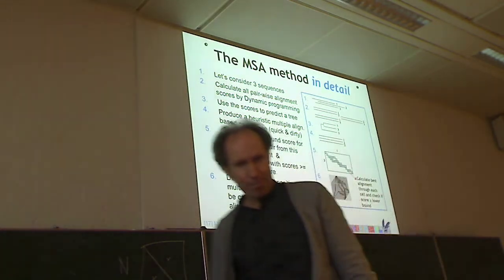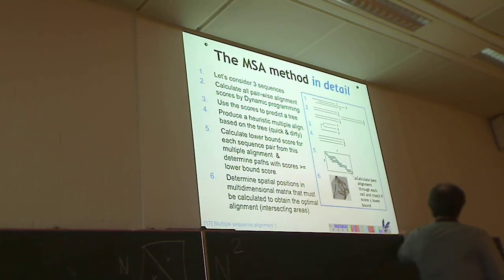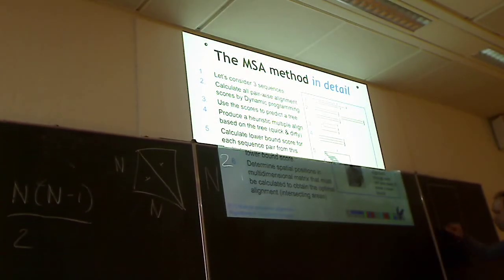How do you do this, guys? Do you remember how each cell is built up? What does each cell mean in a DP matrix? It was the best score of your alignments, evaluated like this, right?